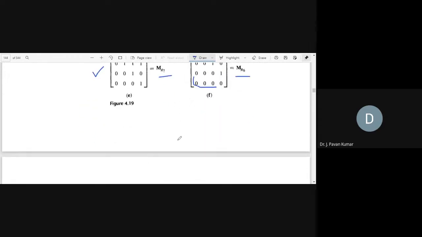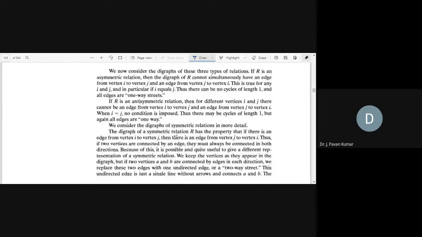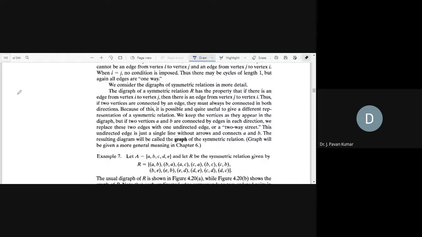Next, consider a comma b as part of the relation. Next, b comma c is also part of the relation. Then a comma c is also part of the relation. I will give one example.